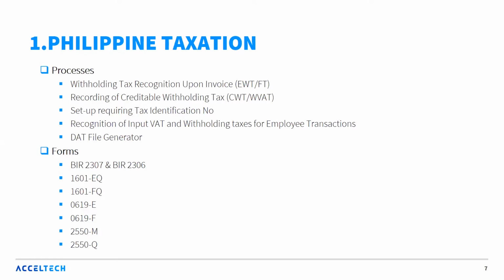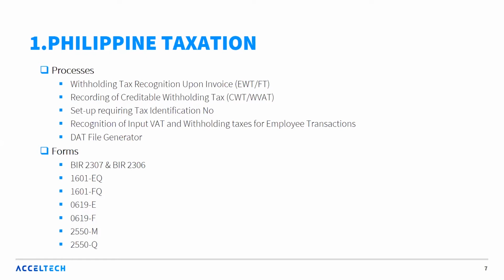But since this is a workaround, you have to do it manually. And since you have to do it manually, it's more prone to possible errors. And we don't want our clients to still be burdened in that possibility. That's why we created a specific solution to handle that. That's why we have created this enhancement in the existing tax management of Acumatica.